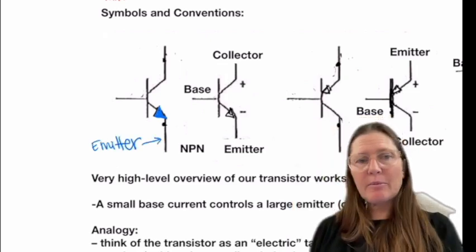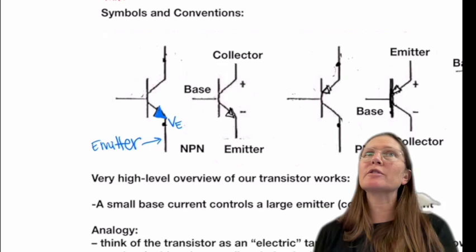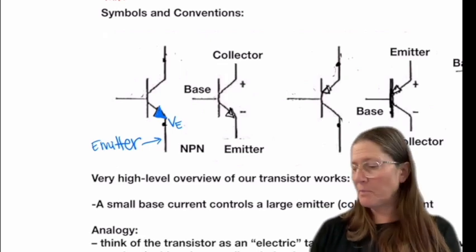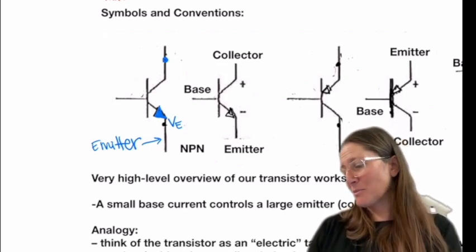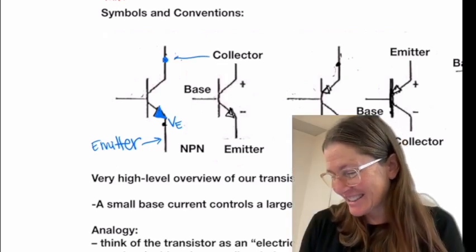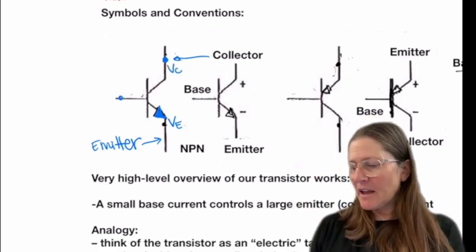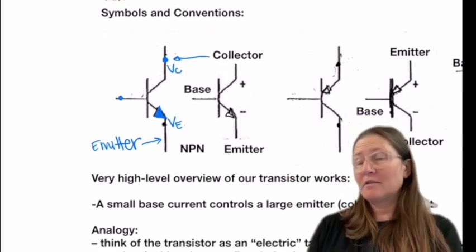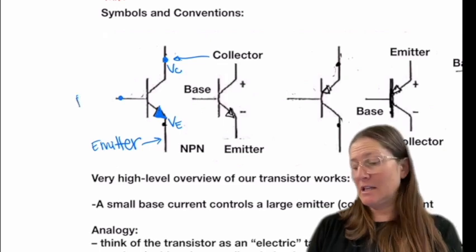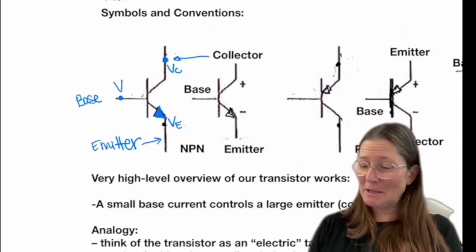So that branch is the emitter, and we label this VE for the voltage at the emitter side. What's the top part? Collector, VC. And then what will be the variable at the base? VB.